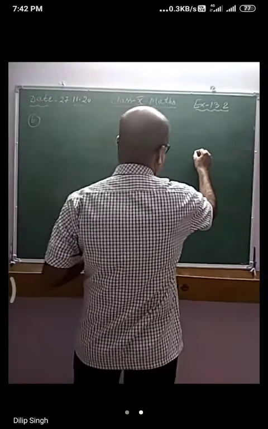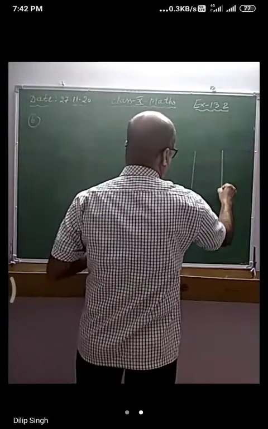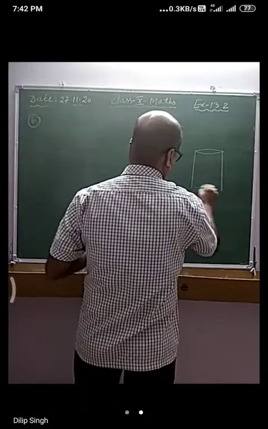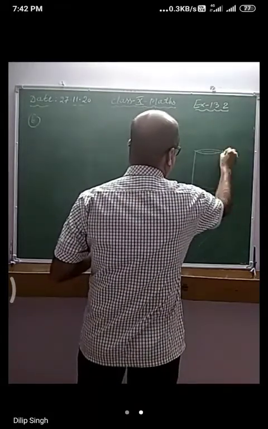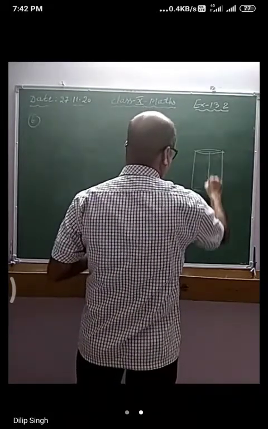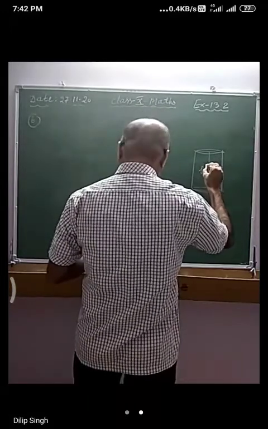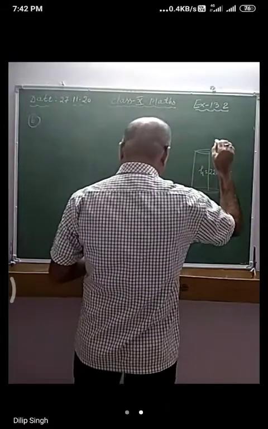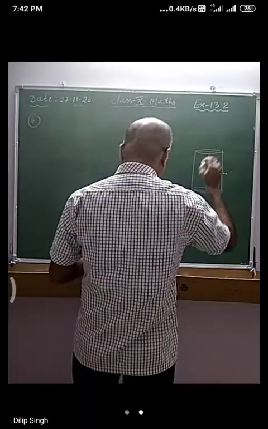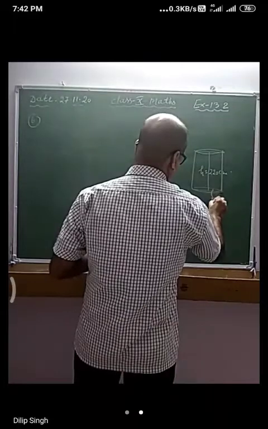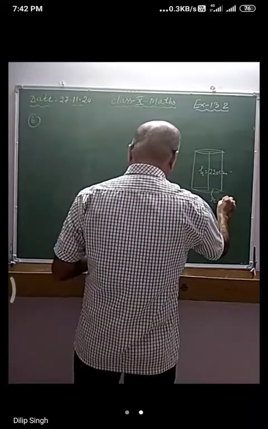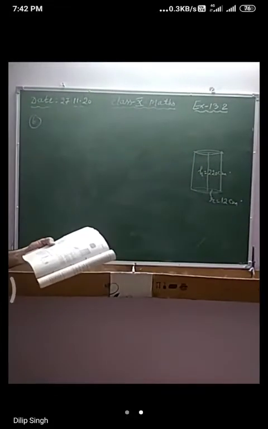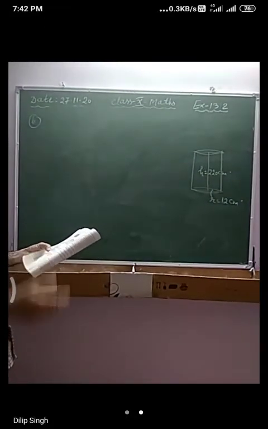Means one cylinder is already here, whose height is 220 centimeter, and diameter of the base is 24 centimeter. So definitely radius will be 12 centimeter. And which is surmounted by another cylinder of height 60 centimeter.